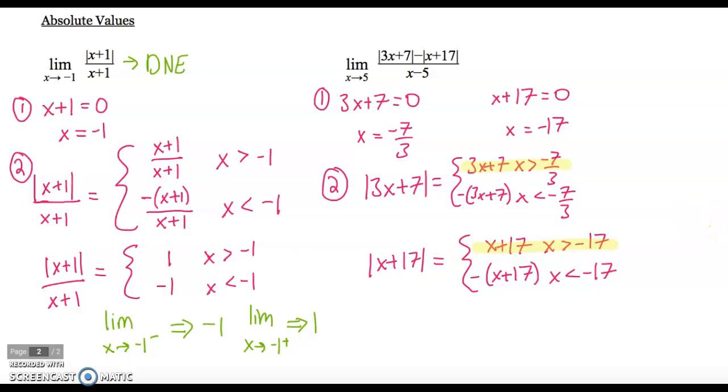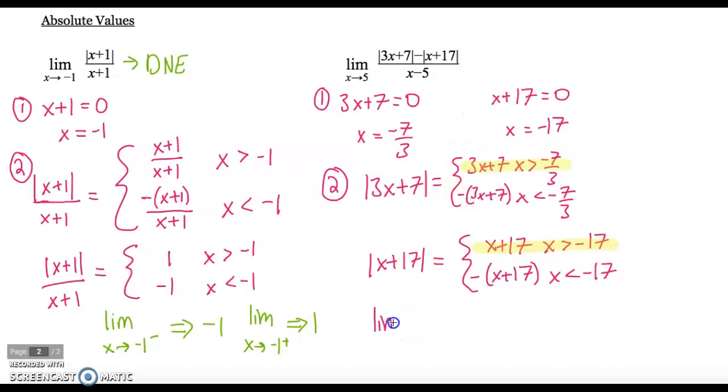So technically what this has led me to see is that I can replace my absolute value symbols with just their actual functions, because I'm approaching 5, so I don't have to consider the fact that I would need negatives at all. So let's do it. Well, actually, let's do it down here.